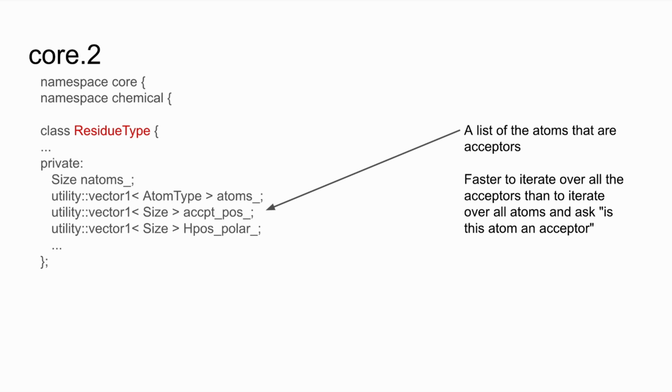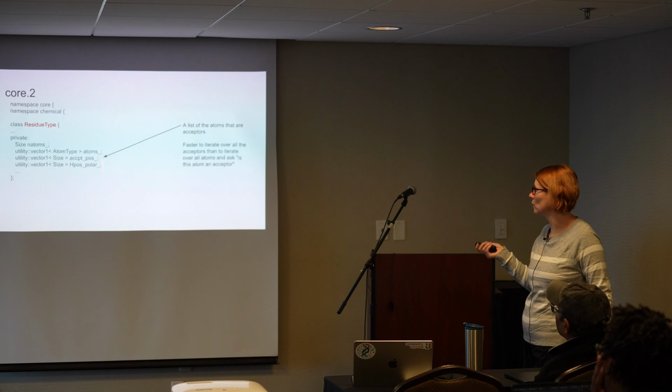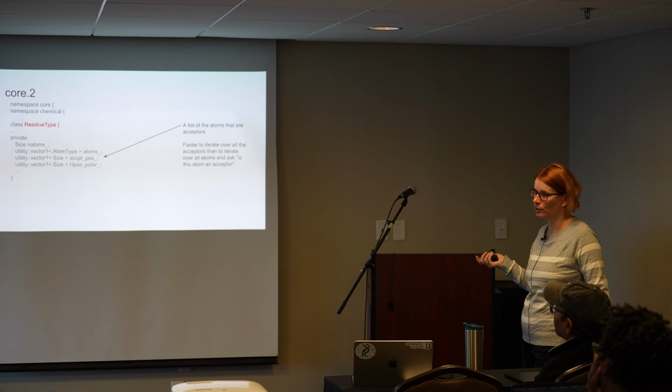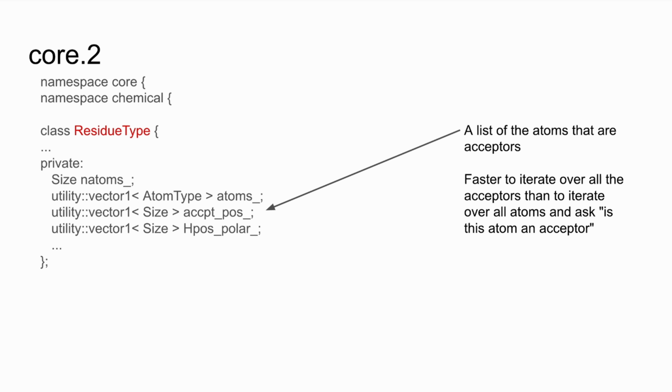Let's see, and so we have the residue types. They also have information for hydrogen bond acceptors and donors. Yeah, so that's basically in the residue type, and that's faster to iterate over all the acceptors than to ask every atom if it's an acceptor. So there's a whole bunch of information stored in the residue type itself to make things faster and easier.